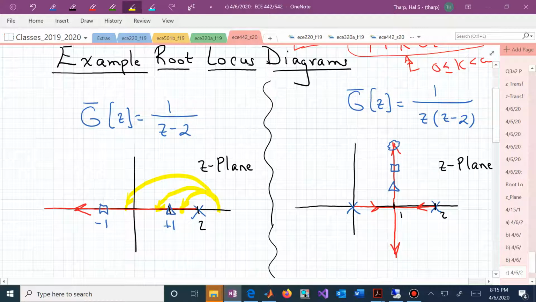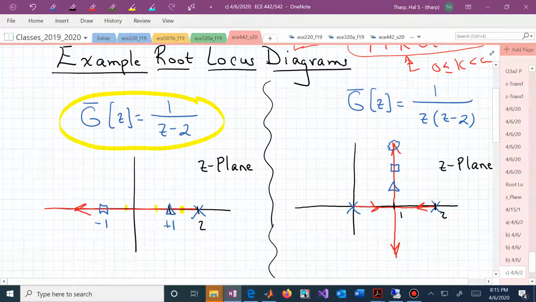All of these points are shown by the red line, the one branch of the root locus, and it belongs on all real values of z from z equal to 2 all the way to z going off to minus infinity.